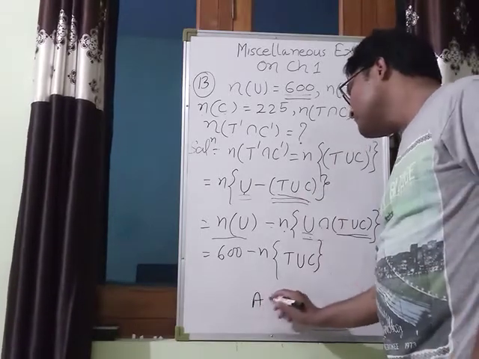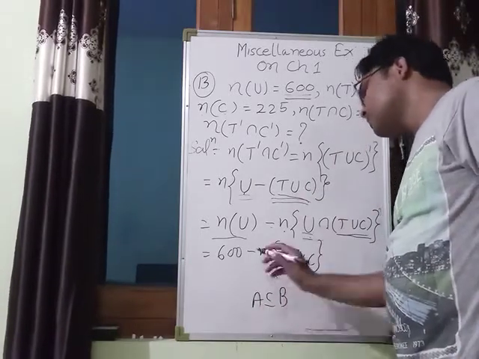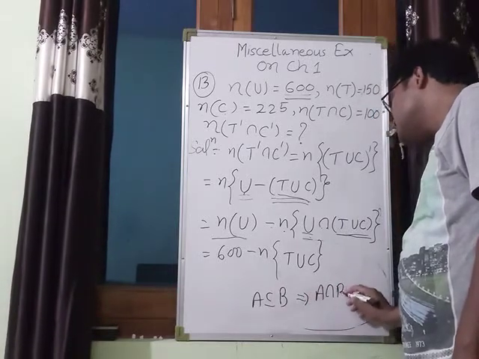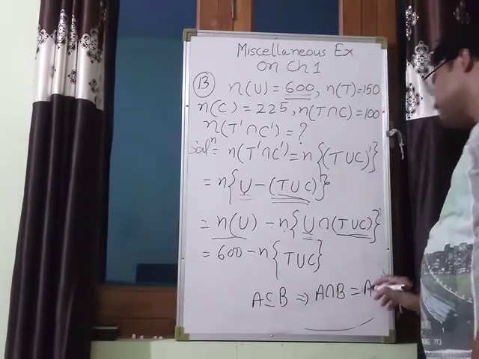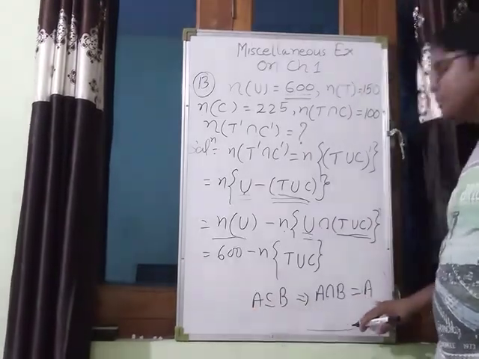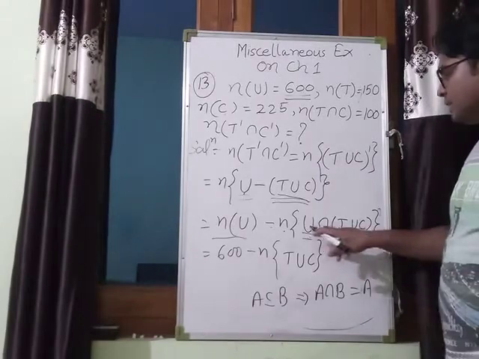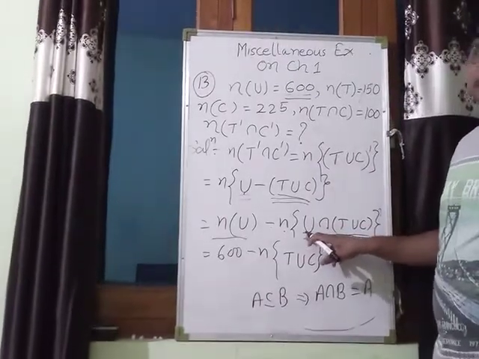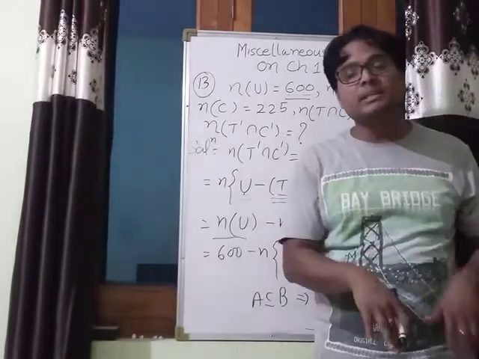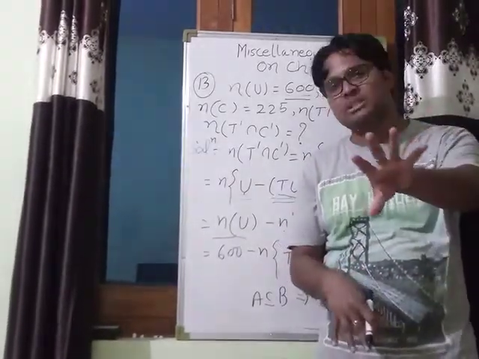See, if A is a subset of B, then A intersection B is set A. Here U is the universal set and this is any set, and we know that every set is a subset of the universal set.